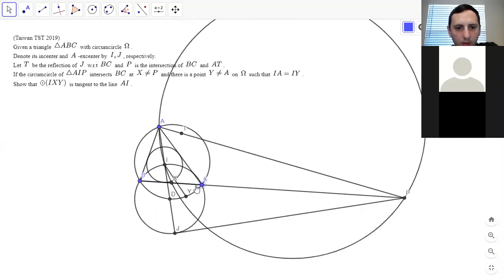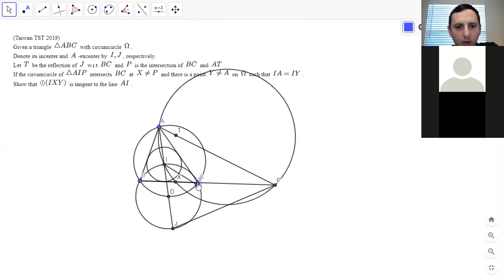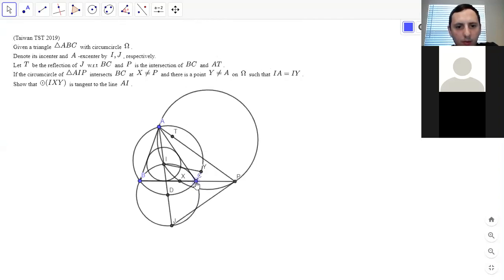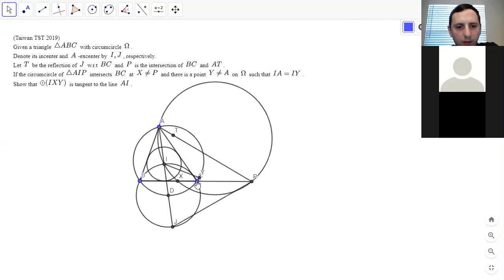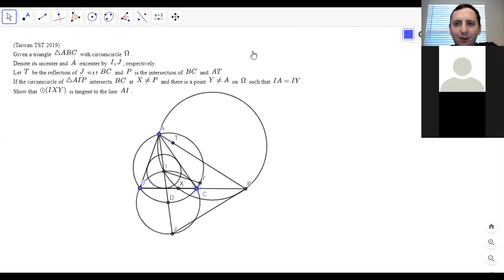Let me try to get a good picture. Yeah, it is hard to use that.